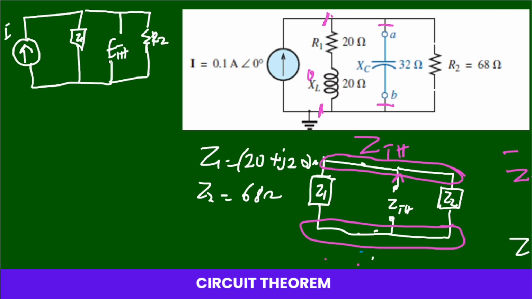Now you can see clearly that here we are going to look for ETH, right? But we know that this ETH is the open circuit, right? Since it's still open circuit, it means that current doesn't move there, but we have a very strong voltage source there, right? And this side is directly parallel to this. It means that the voltage here is the same as the voltage here, right?